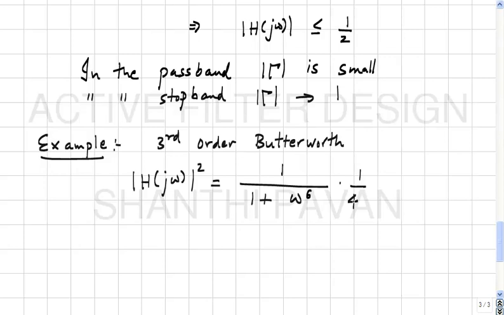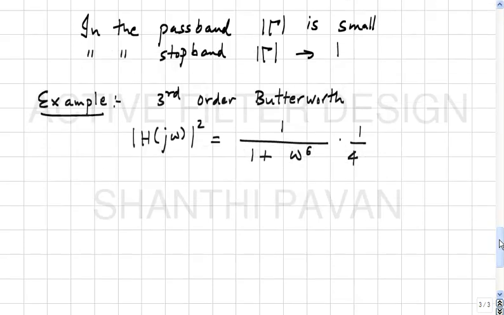And the usual expression for the Butterworth numerator squared, denominator polynomial, the magnitude. Is this clear so far? And we want this to be equal to 1 minus mod gamma square by 4.